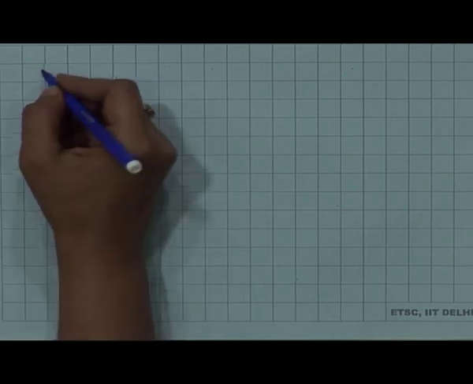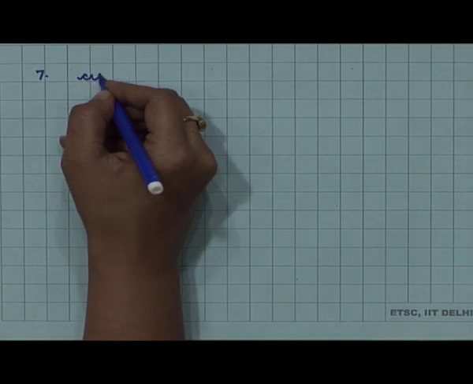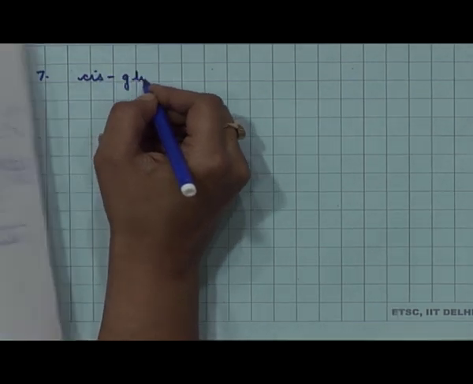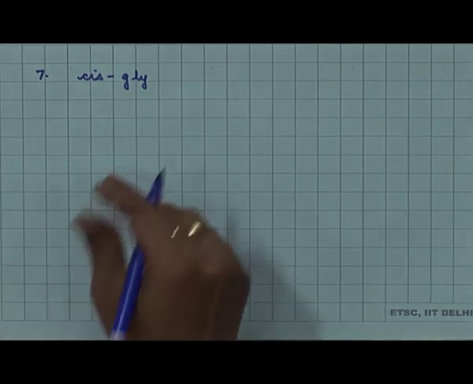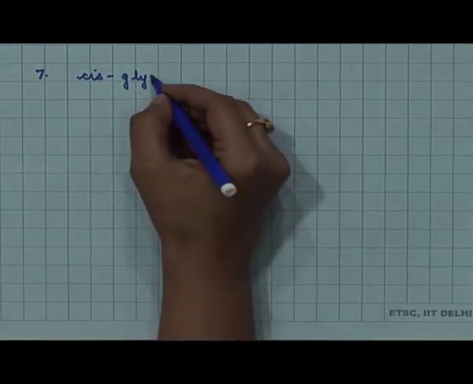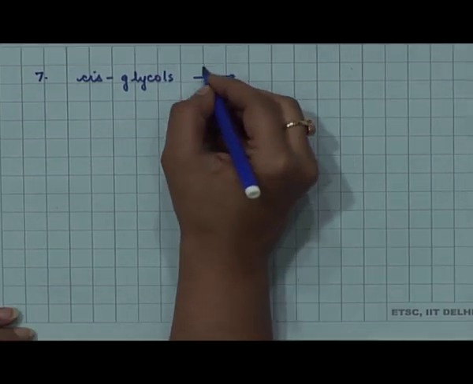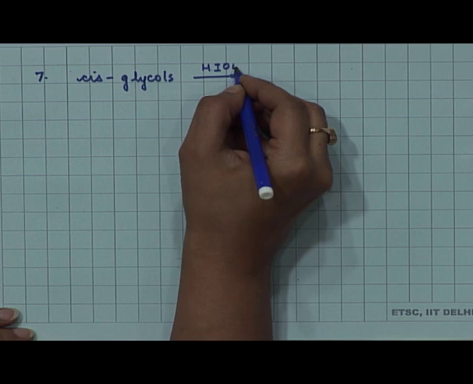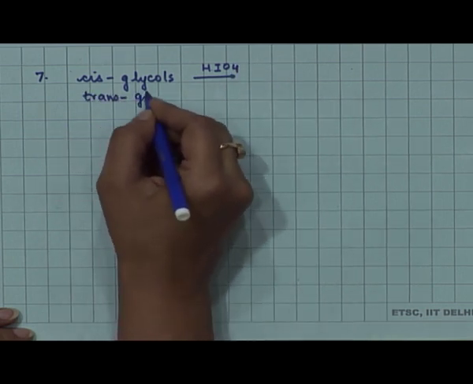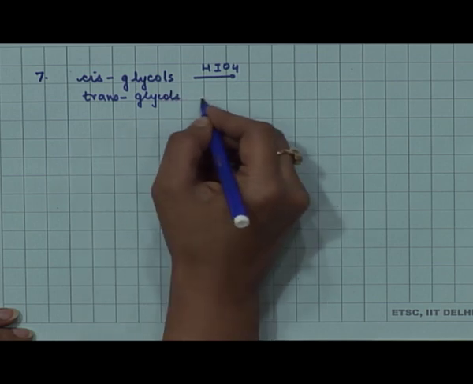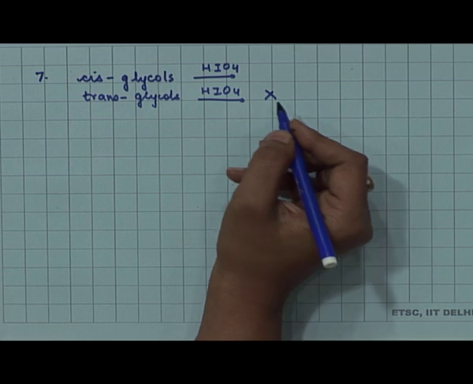Another important thing which has to be noted here is that for periodic oxidation, we are taking into consideration the stereochemistry as well. Cis glycols are oxidized by HIO4, but if you start with trans glycols, these are not oxidized by HIO4.